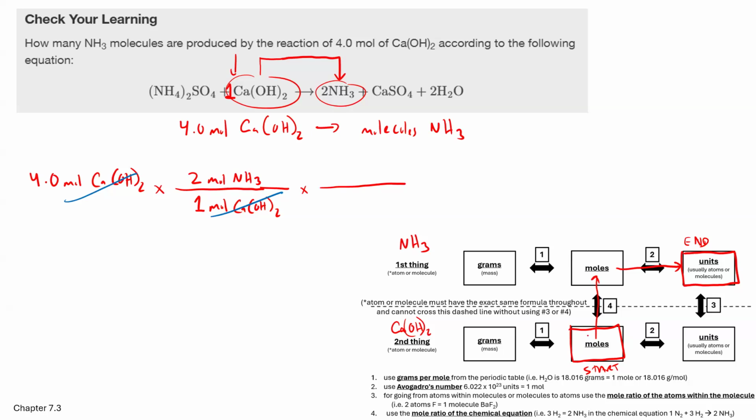Well, now we are here. We cross arrow 2, and it says use Avogadro's number. 6.022 times 10 to the 23rd units equals 1 mole. So moles we're going to put on the bottom because we have it up top here. So we're going to say 1 mole of NH3 is equal to 6.022 times 10 to the 23rd molecules of NH3.